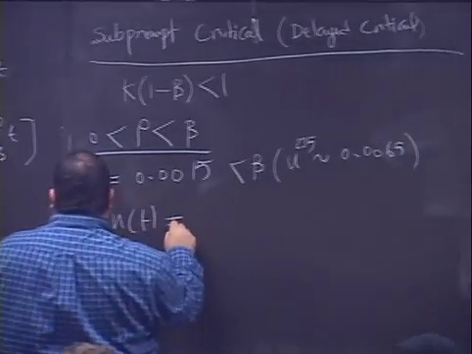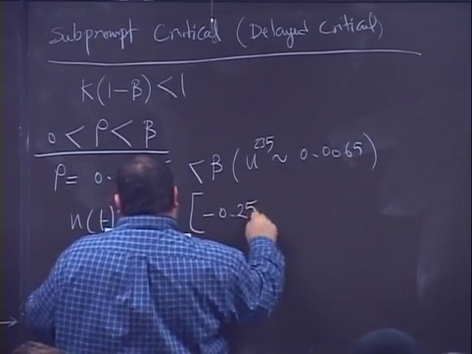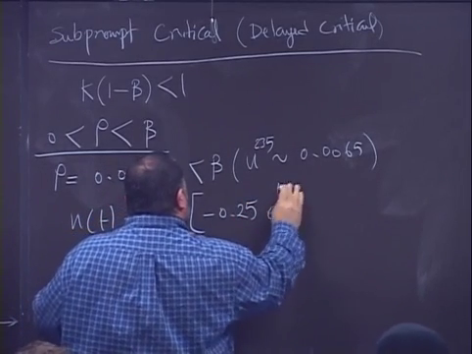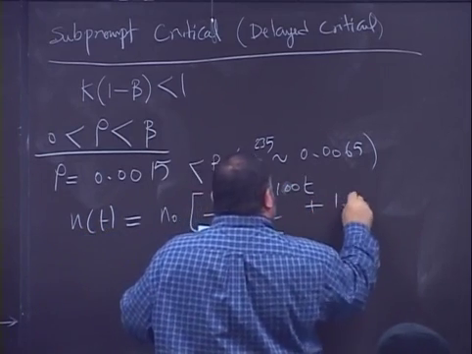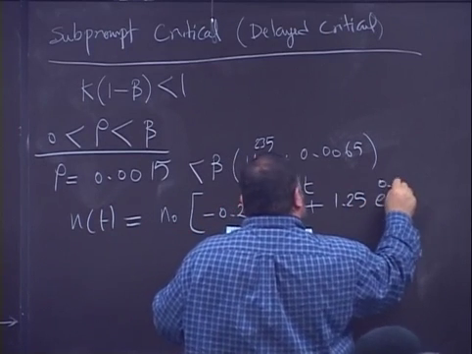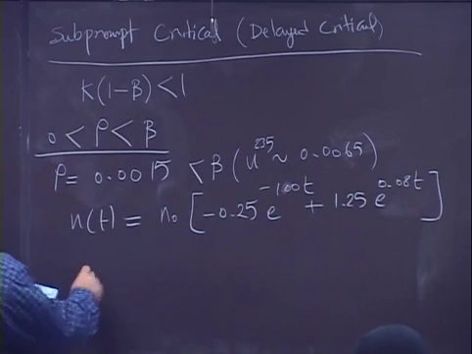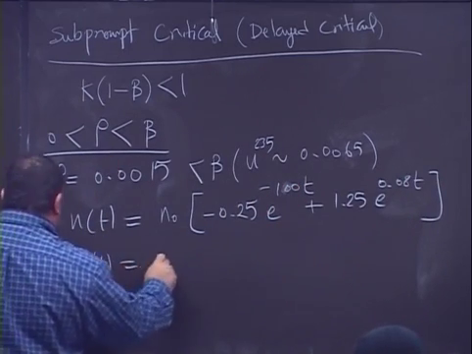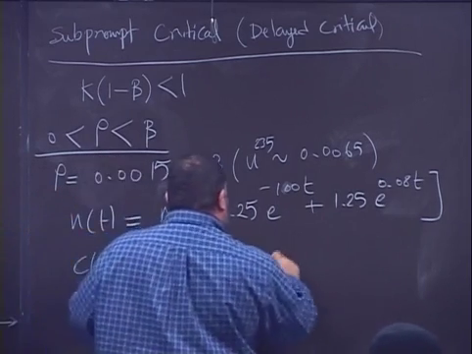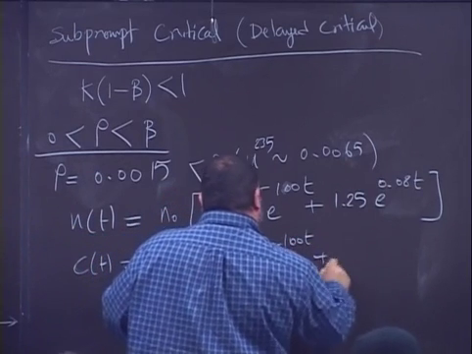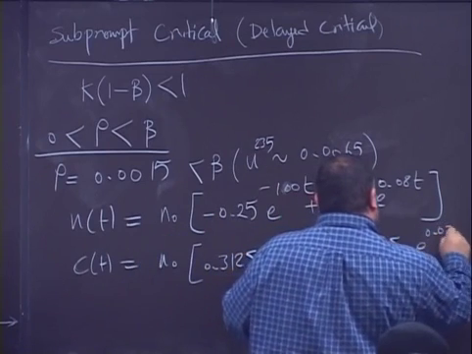N of t equals N naught multiplied by minus 0.25 e to the power of minus 100t plus 1.25 e to the power of 0.08t. So this is N of t, and C of t will be N naught times 0.3125 e to the power of minus 100t plus 1562.5 e to the power of 0.08t.